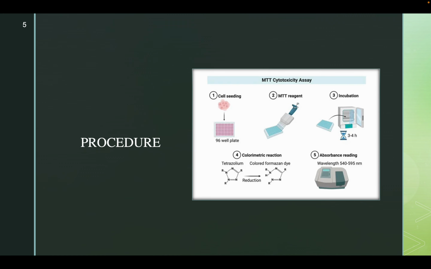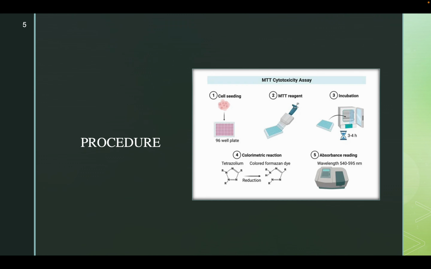We will wait for the MTT to convert to formazan if the cell lives. And the tip is that the MTT chemical is very sensitive to light, so you must keep it in the dark.